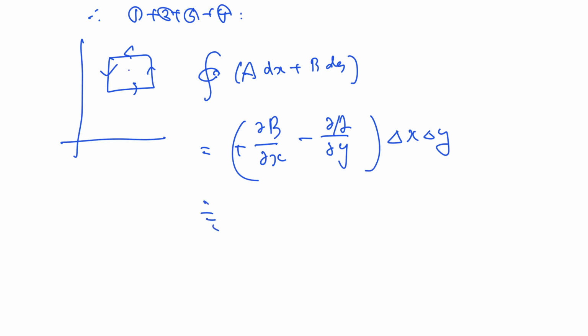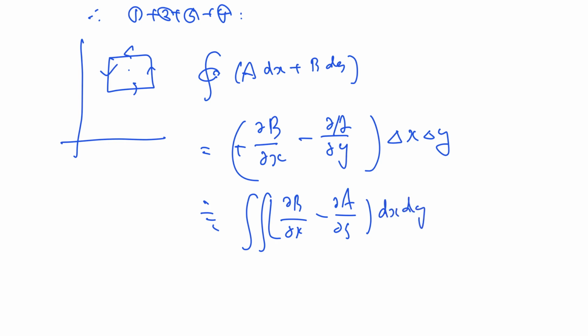You can approximate this as partial b over partial x minus partial a over partial y dx dy over small delta s.